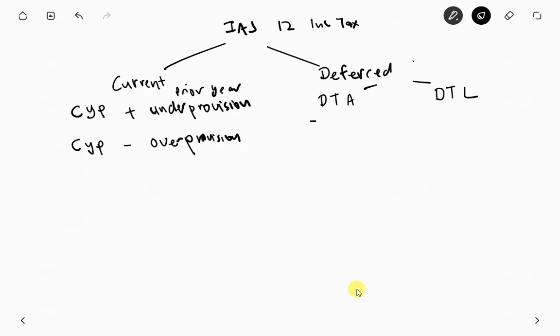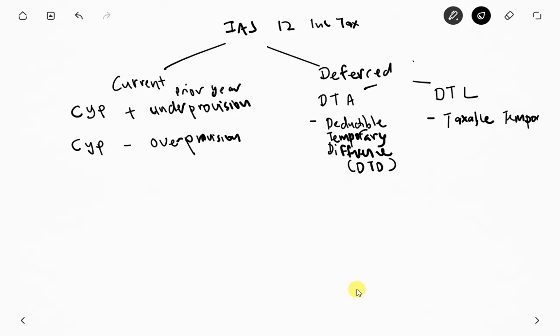This one, deferred tax asset, will be deductible temporary difference, DTD. Taxable temporary difference, TTD.